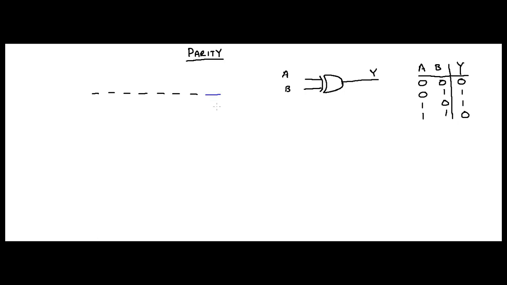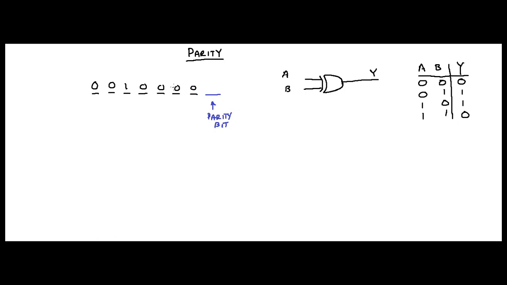This is the parity bit right here. Now, let me write this number down for you. Let's try 0, 0, 1, 0, 0, 0, 0.